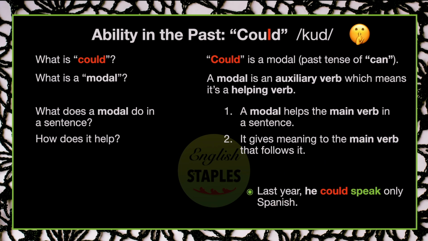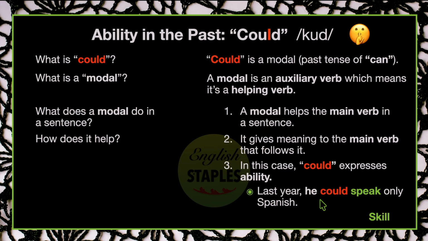For example, last year he could speak only Spanish. Here we see the main verb speak follows the modal could in this sentence. And the third job of the modal is, in this case, could expresses ability.